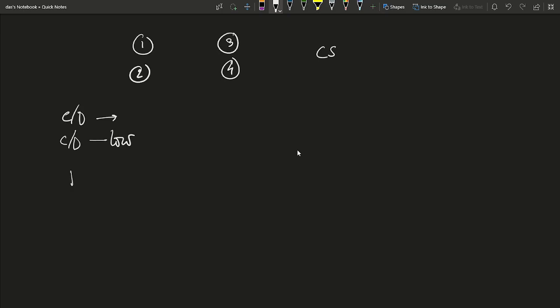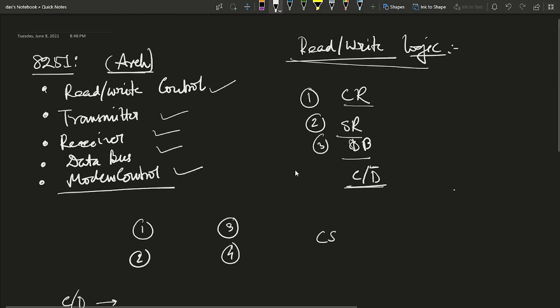When the reset signal of the 8251 is activated, it is in the idle mode. The clock input is necessary for the 8251 for communication with the CPU, and this clock does not control either the serial transmission or the reception rate. Okay, this is the lecture about the read and write control logic.